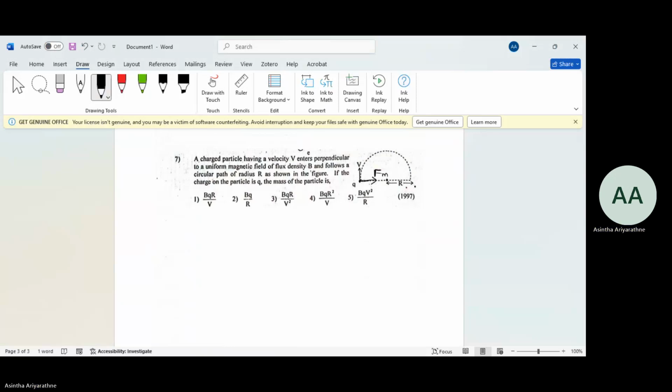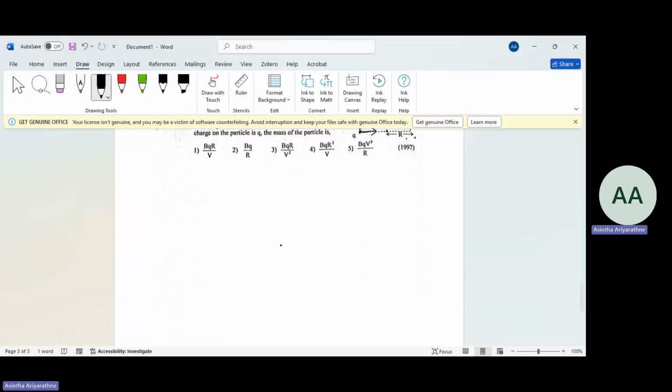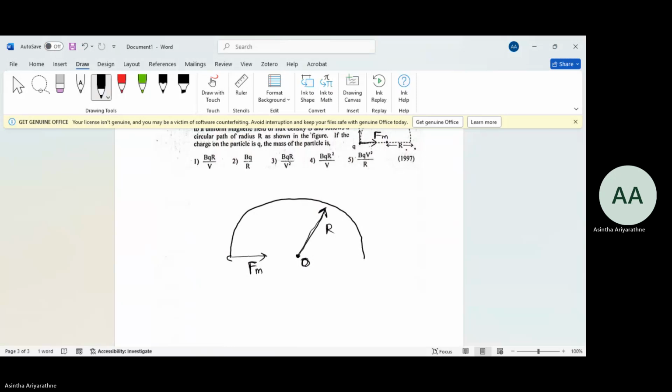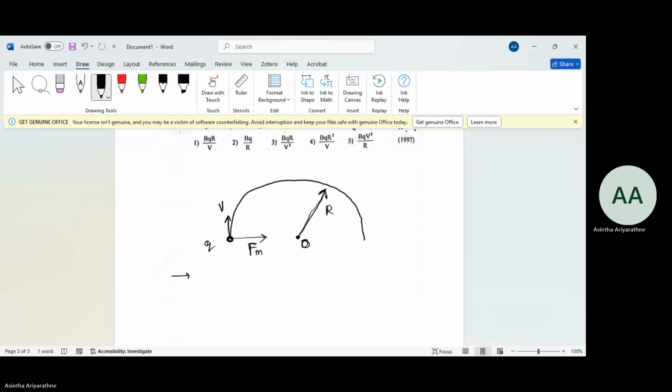So what we have to do is just consider circular motion of radius r, velocity v. Apply F equal to m a towards the center.